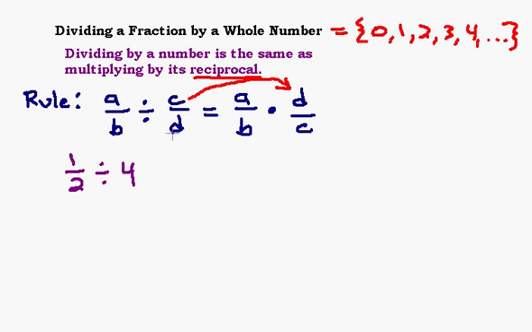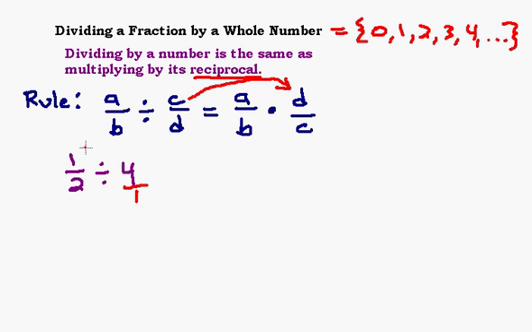We want to follow this rule up here, or we want to multiply by the reciprocal of 4. Well, in order to get the reciprocal of 4, the first thing we need to do is think of 4 as a fraction. Anytime you have a whole number, you can represent it as a fraction by putting it over 1, like that. 4 is the same as 4 over 1. Remember, fraction bar means divide. So this is saying 4 divided by 1, which is 4.